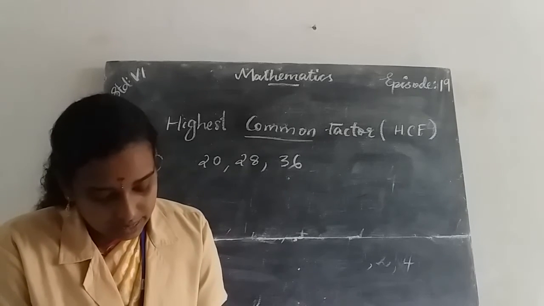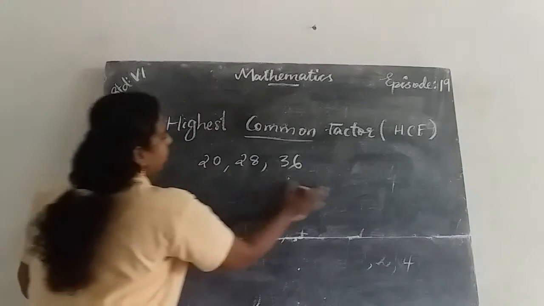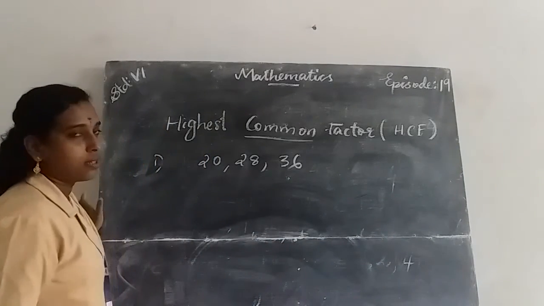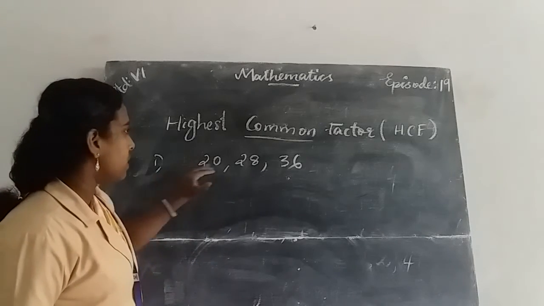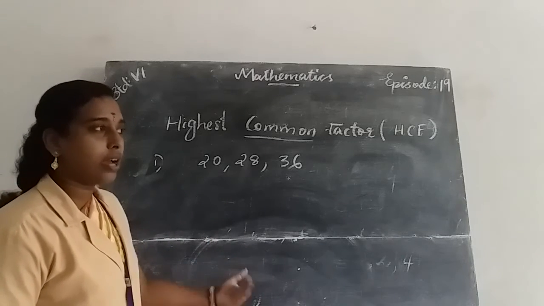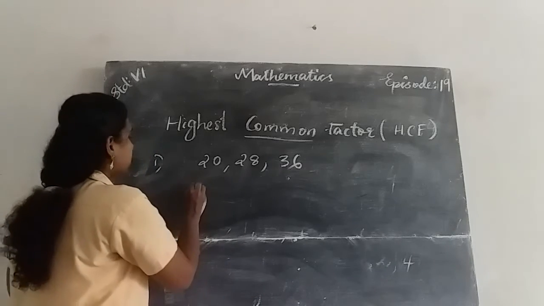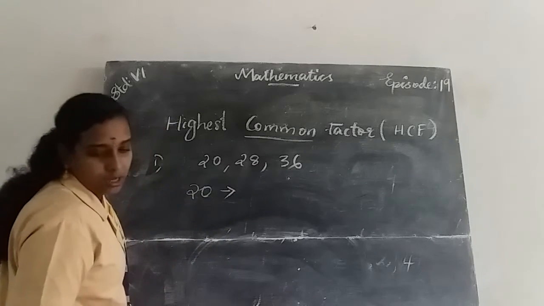We can find the highest common factor in two ways. The first way is, first we write the factors of these three numbers separately, then find the common factors, then find HCF.